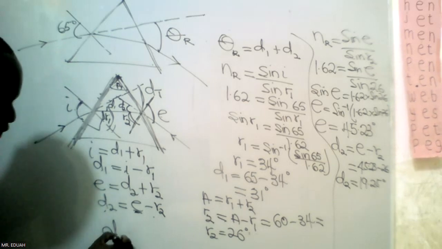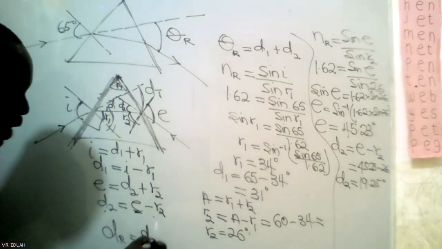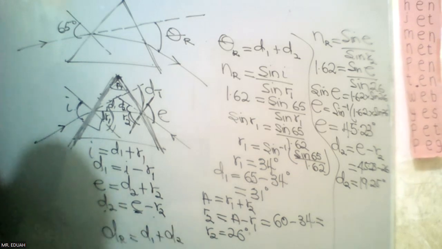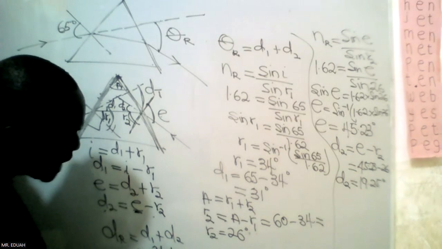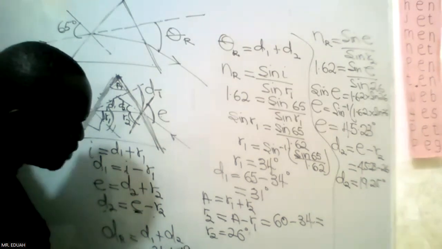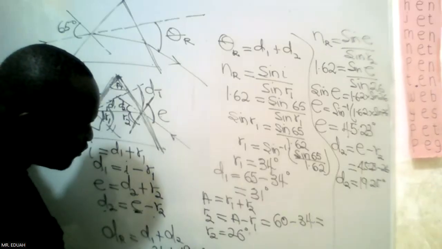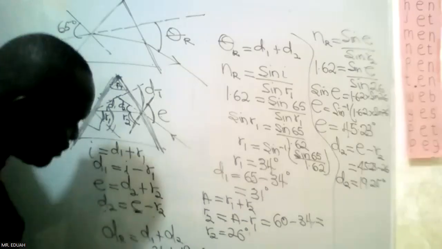Therefore, the total deviation for the red light will be equal to D1 plus D2. We just substitute whatever we have for D1, 31, plus whatever we have for D2, which is 19.25. Gerard, mute yourself.